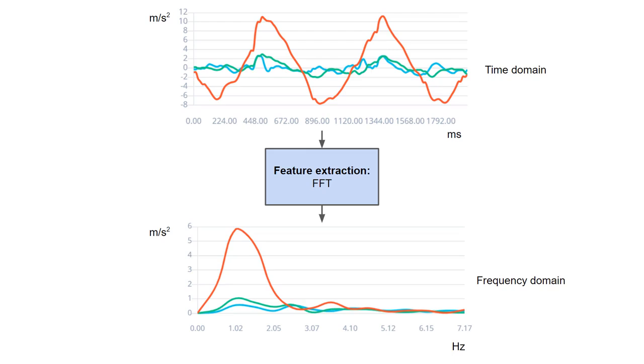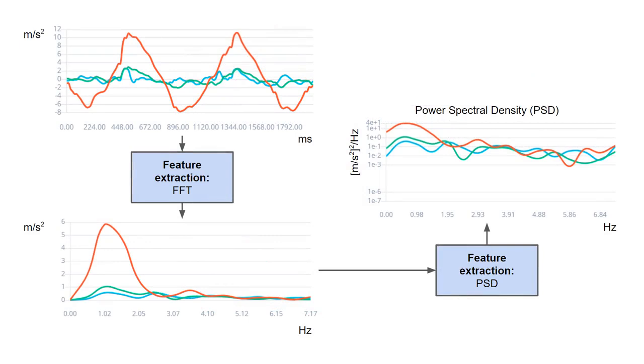Edge Impulse takes this even another step further and computes the power spectral density, or PSD, from the FFT. The FFT can be somewhat misleading sometimes, as the amplitude of the FFT in each bin can vary based on the frequency width of that bin. The PSD helps by normalizing the amplitude to the width of each bin. Rather than feed all of the values in the PSD to the model, Edge Impulse extracts a few important characteristics from it.